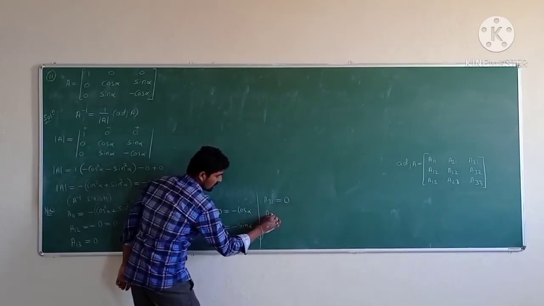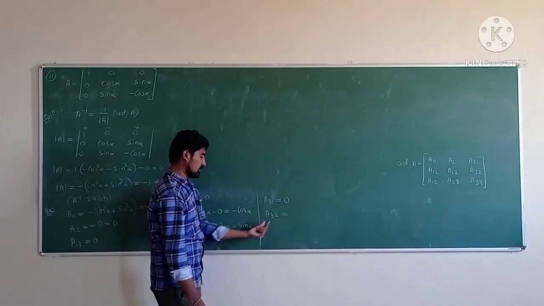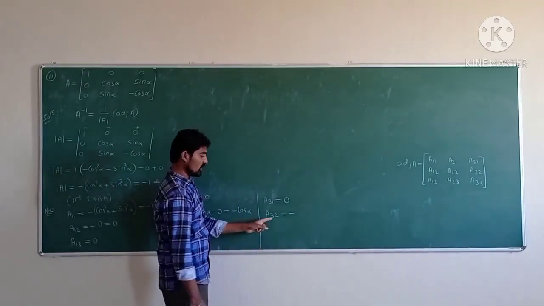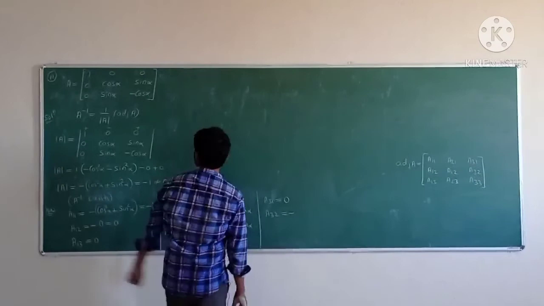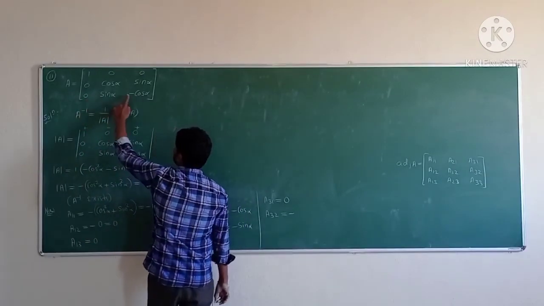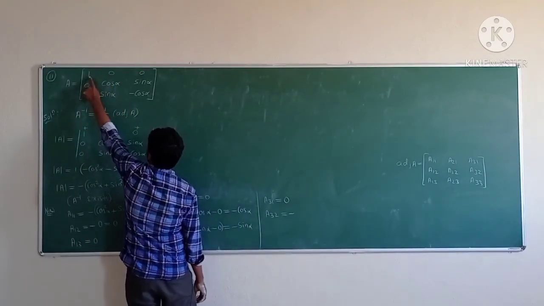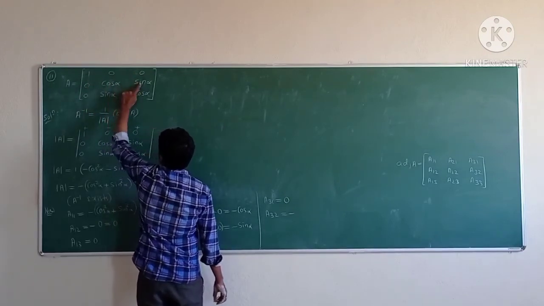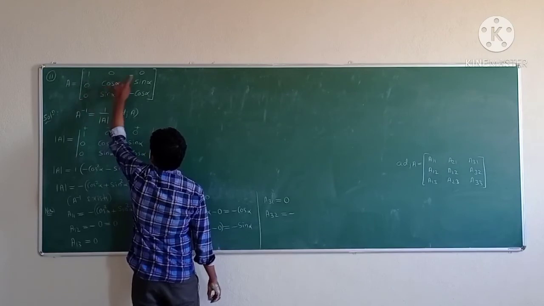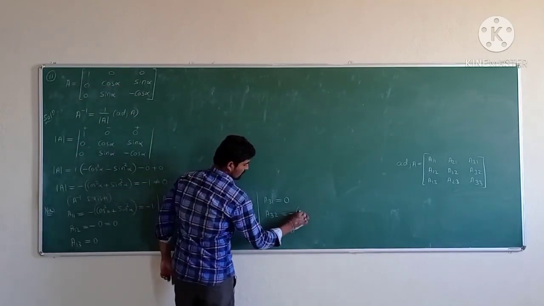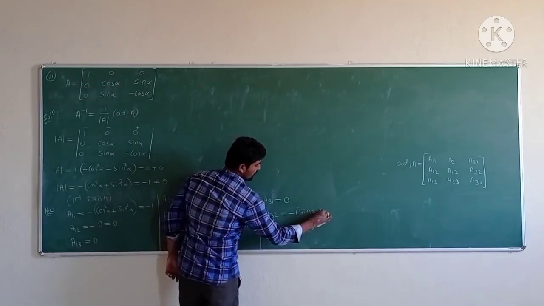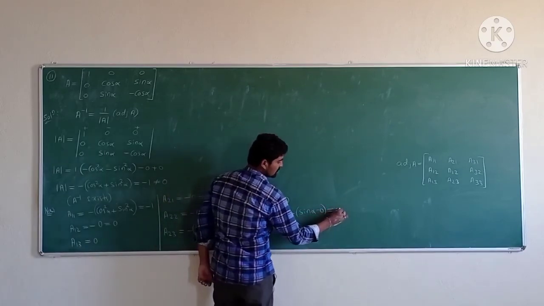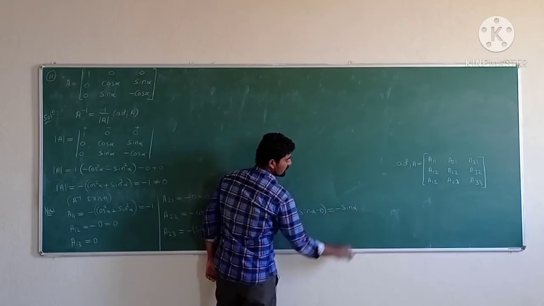Next A32, 3 plus 2 is odd, therefore multiply by minus, and is obtained by deleting the third row, second column. After deleting this third row, second column, remaining elements 1, 0, 0, sin alpha: 1 into sin alpha, sin alpha, minus 0 into 0, 0, so sin alpha minus 0 is sin alpha, into minus, so minus sin alpha.